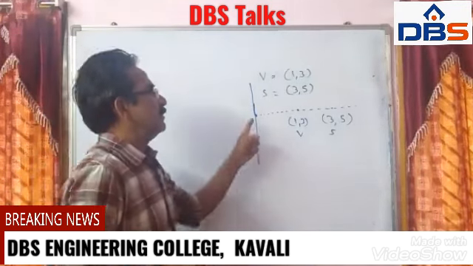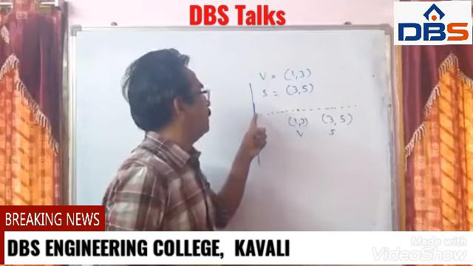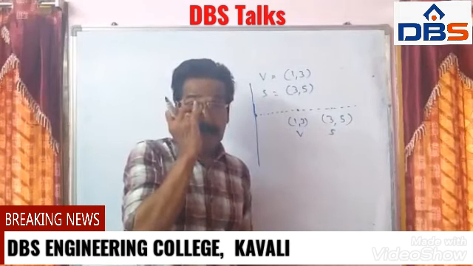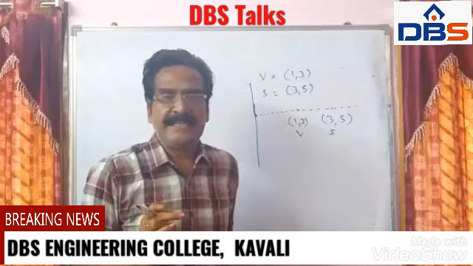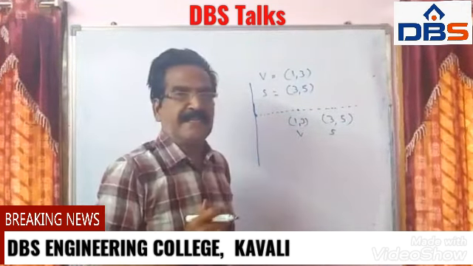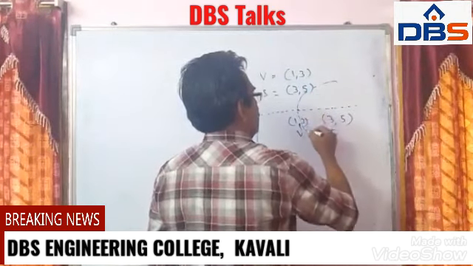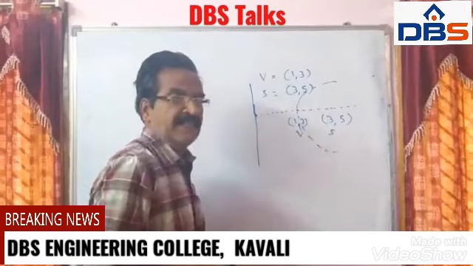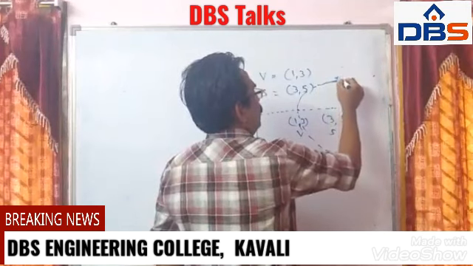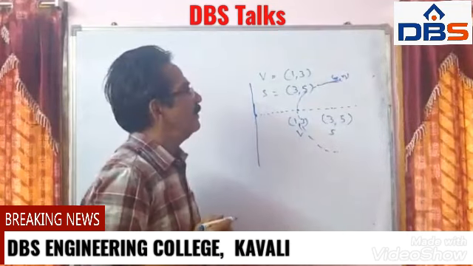So, here first let us find the equation of the directrix. After finding the equation of the directrix, as we did in the previous problem, let us take a point (x, y) on the parabola.